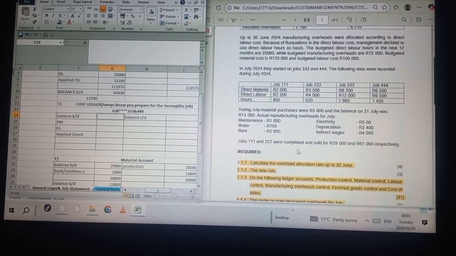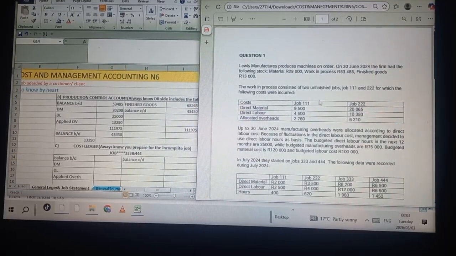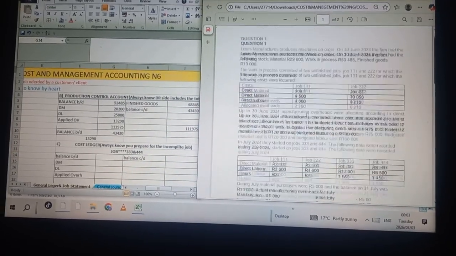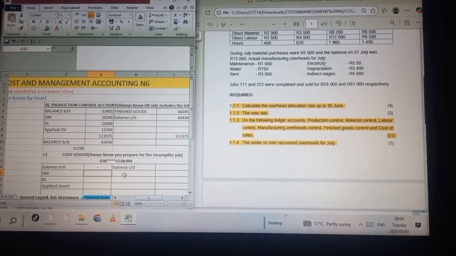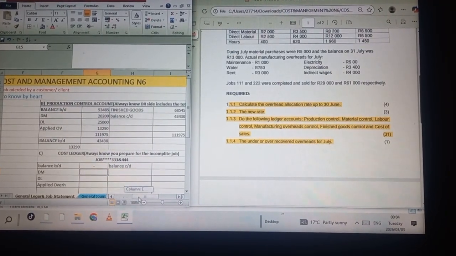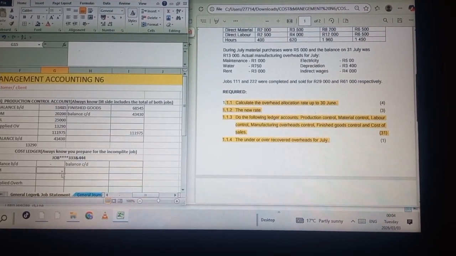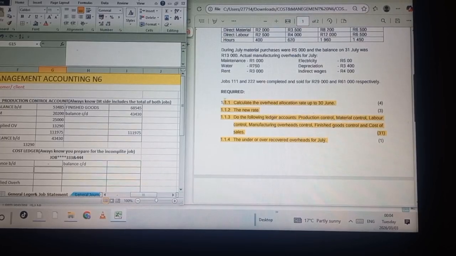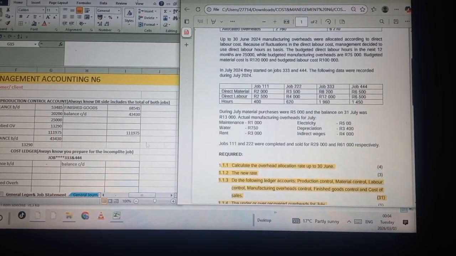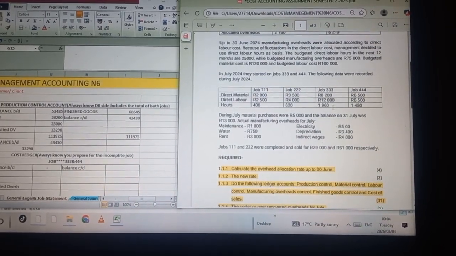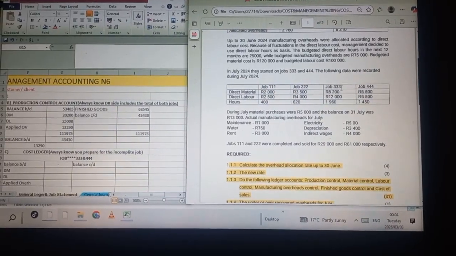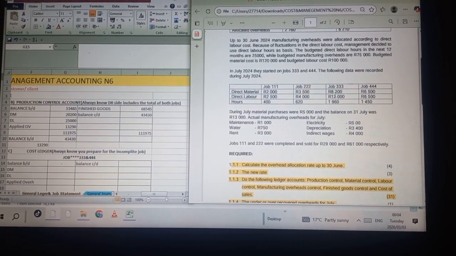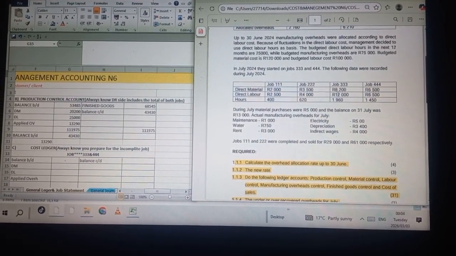So let's go and check if we have the opening balance. No, we don't. Direct material. Guys, you have 2 cost ledgers, you need to open 2 cost ledgers. But for me, since I'm saving time, direct material, you will take for job 333 direct material, you take your 8,200.